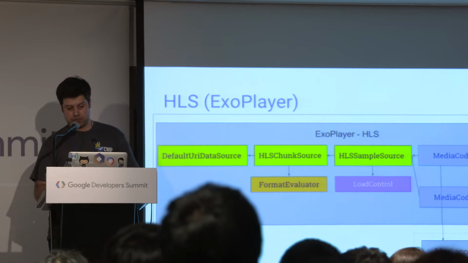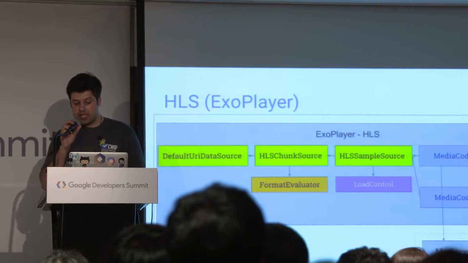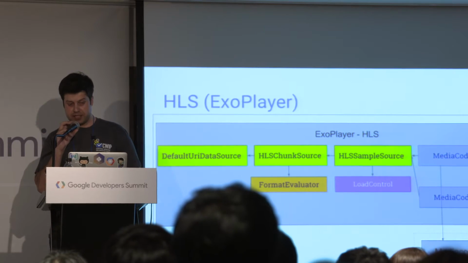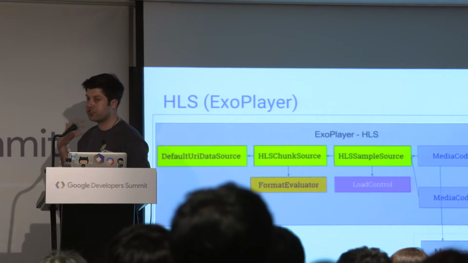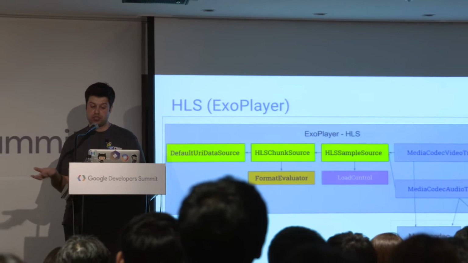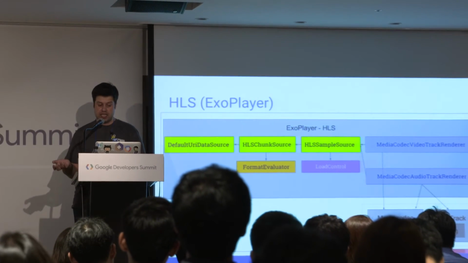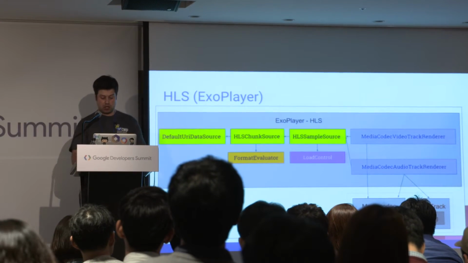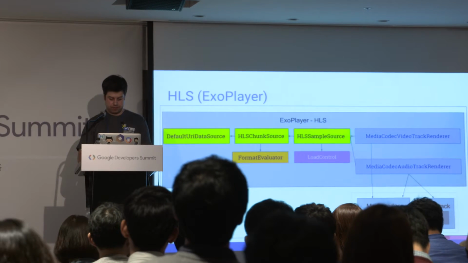Okay. So next one is the HLS ExoPlayer, which is very similar to the Dash and smooth streaming one. It basically uses the HLS chunk source and the sample source, and I just added it for video. So let's see how I can make it.